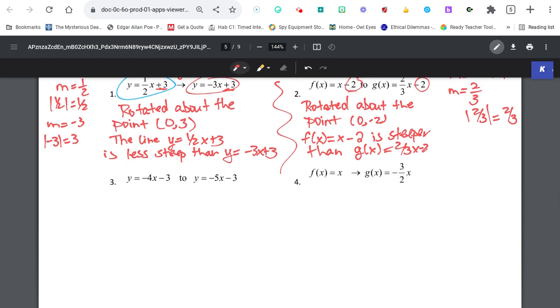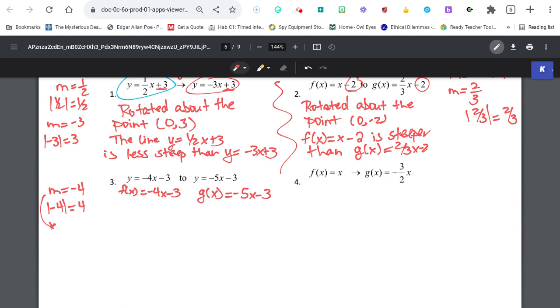All right, so this is what you should have gotten on 3. The original slope of this one, I'm just going to rewrite this as f of x, guys. And I'm going to rewrite this one as g of x. So the original slope on f of x is -4, but the absolute value of -4 is 4.